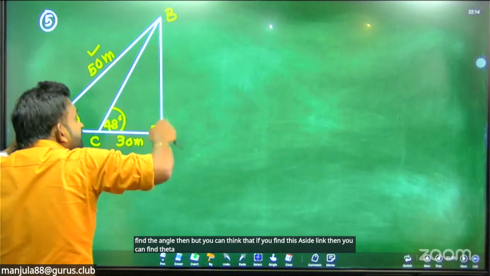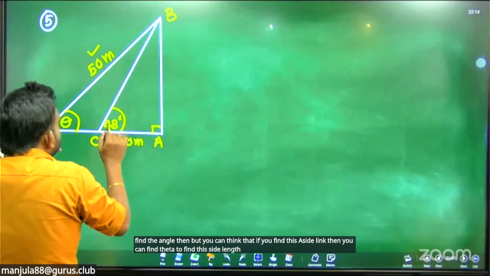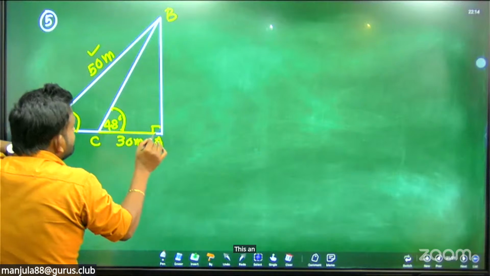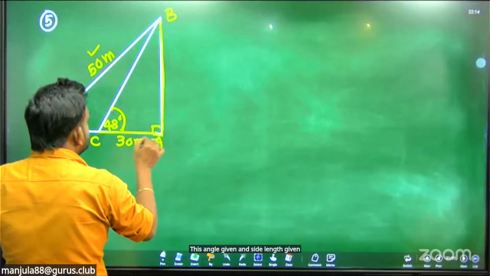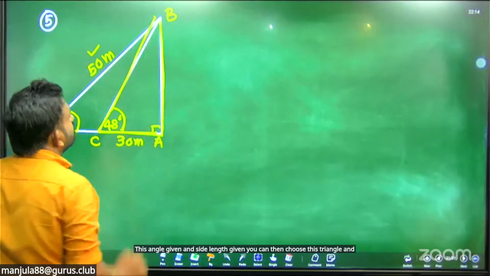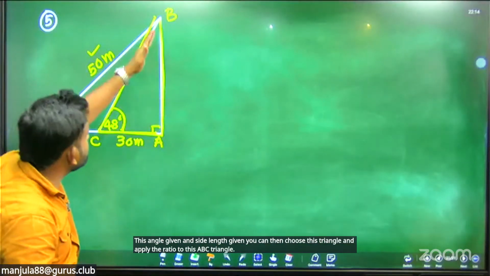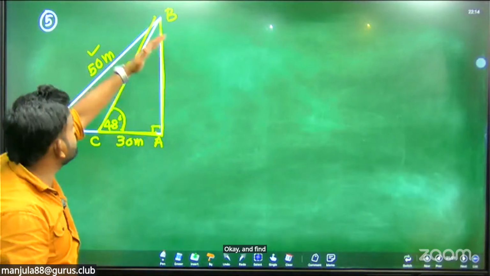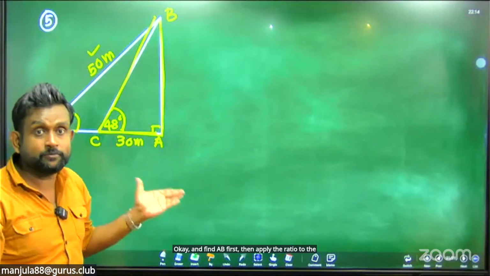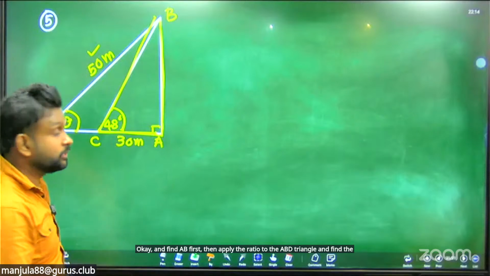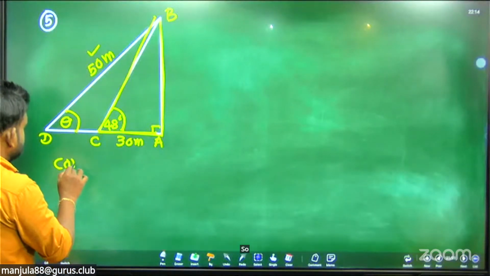To find this side length, you can choose the triangle with the angle given and side length given, apply the ratio to the ABC triangle and find AB first, then apply the ratio to the ABD triangle and find theta. So that's our order.